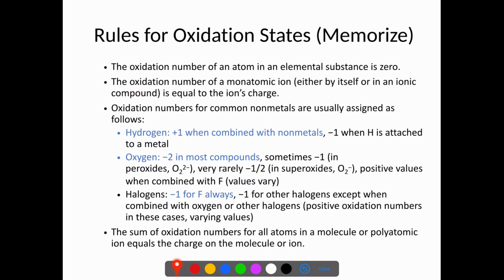For example, hydrogen has a rule, oxygen has a rule, fluorine has a rule. And the ones that don't have a rule, you determine them based on the fact that the sum of oxidation numbers in a molecule should be equal to its charge. Okay, so let's use these rules and do some problems.